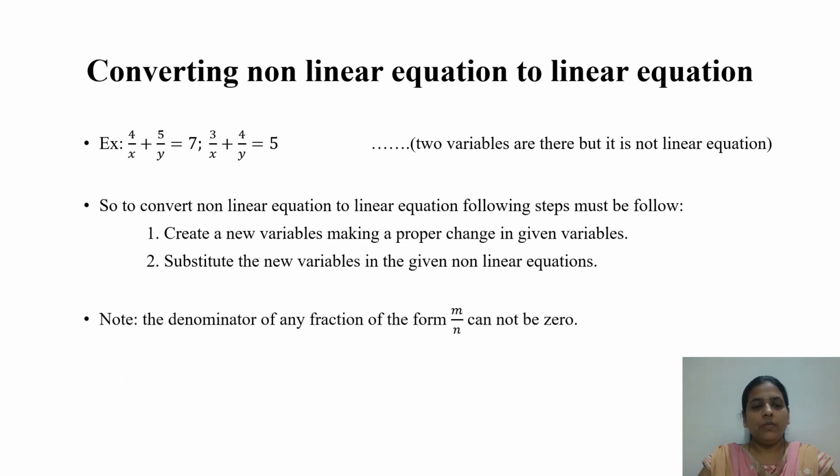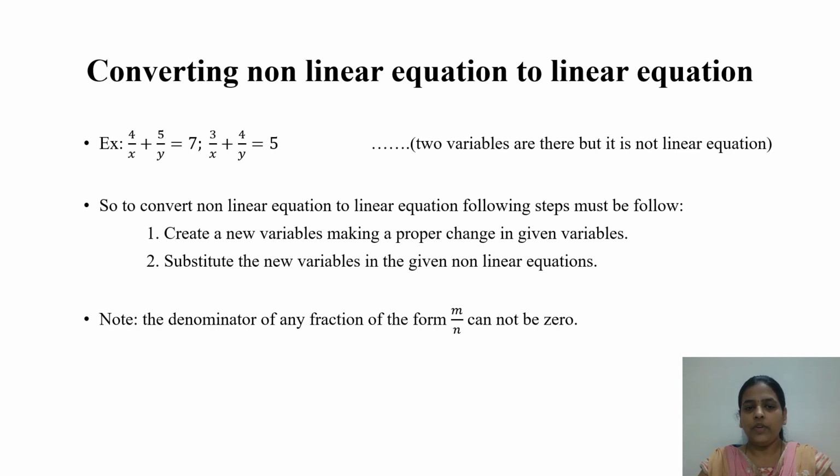So you must remember that the denominator of any fraction of the form m upon n cannot be 0. Why can it not be 0? If the denominator is 0, then the value of the resultant fraction goes to infinity. Suppose consider here 1 upon 0. When we divide 1 by 0, what is the resultant value?